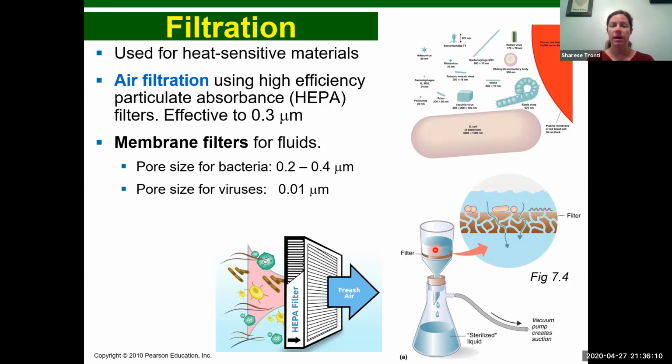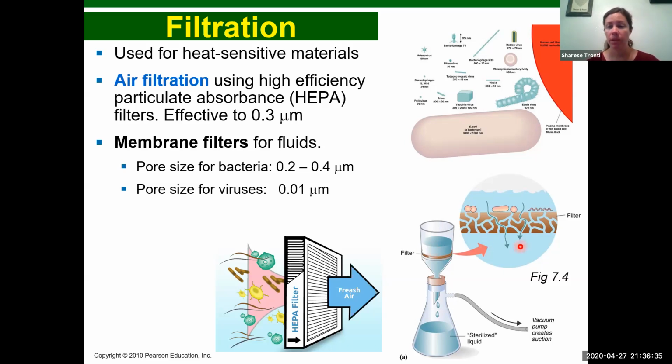So pore size for bacteria: if you just want to make sure bacteria doesn't go through, you can use a pore size of 0.2 to 0.4 micrometers. If you want your filter to strain out any viruses, it's going to have to be 0.01 micrometers, and that's generally too small to let proteins go through too.